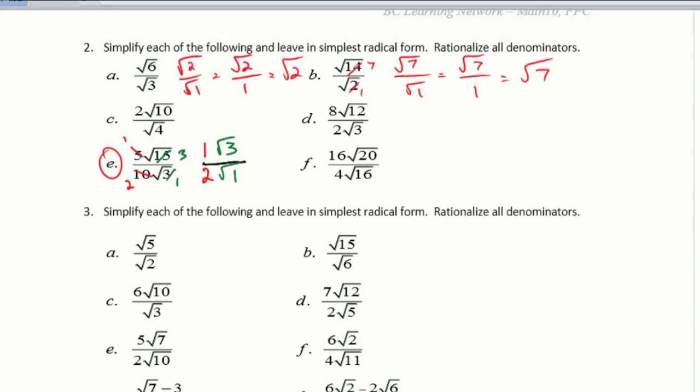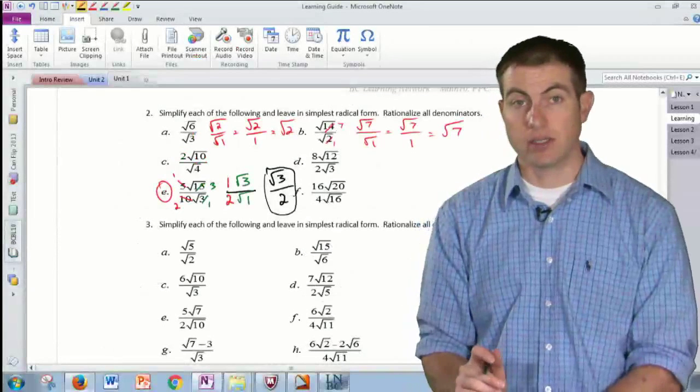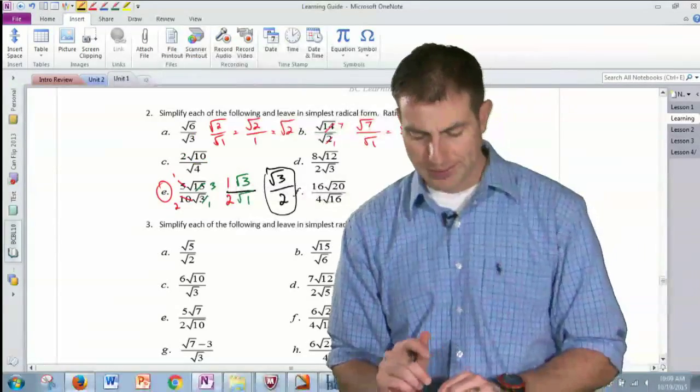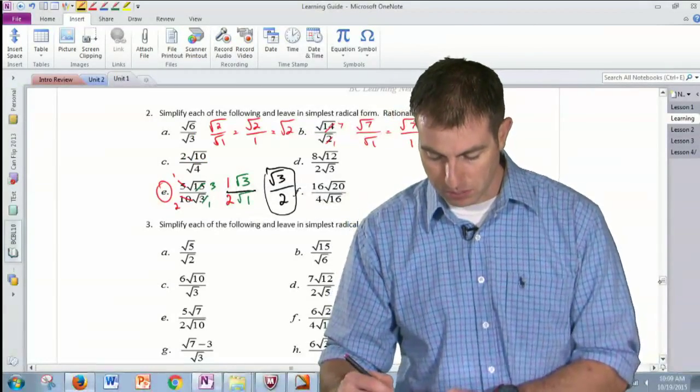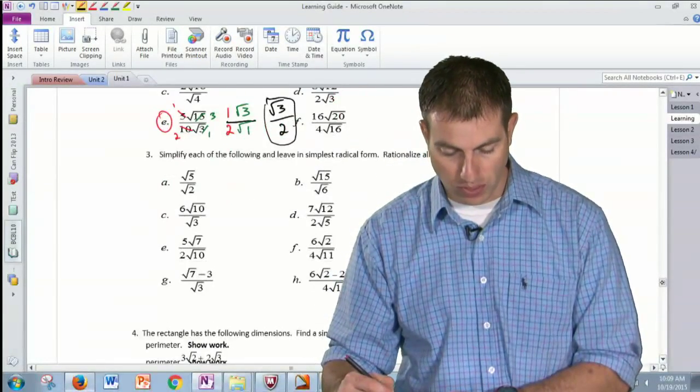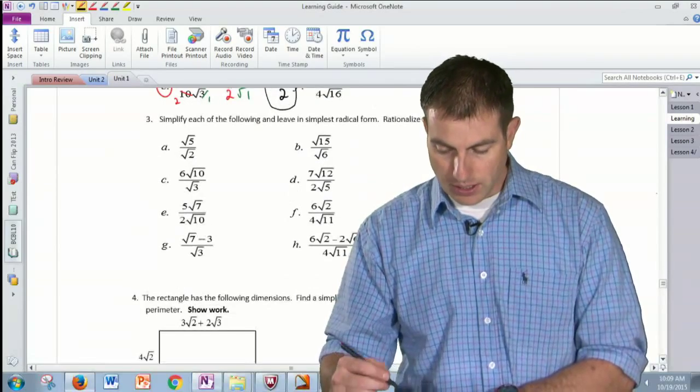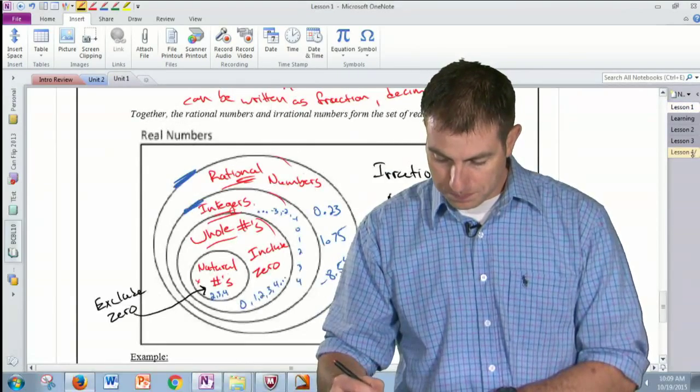So if I just get rid of my 1's, I end up with root 3 over 2. So there's 3 there for you guys to do as practice. I really apologize for not putting any of these in the examples. I guess I just simply forgot about them. Oops.